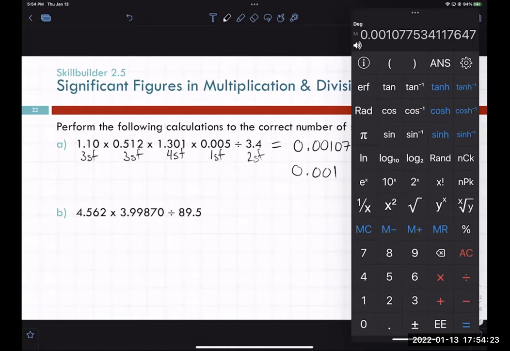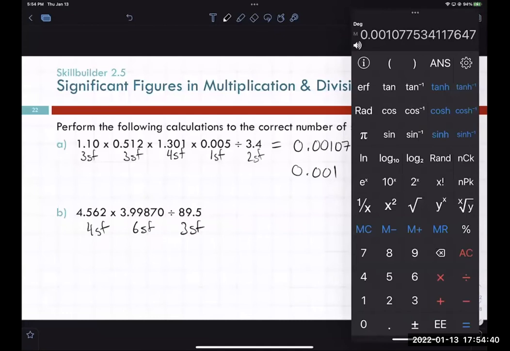All right, so in this next one, without me writing it out, which is our fewest number of sig figs? Yeah, 3 sig figs, because this one is 4 sig figs.